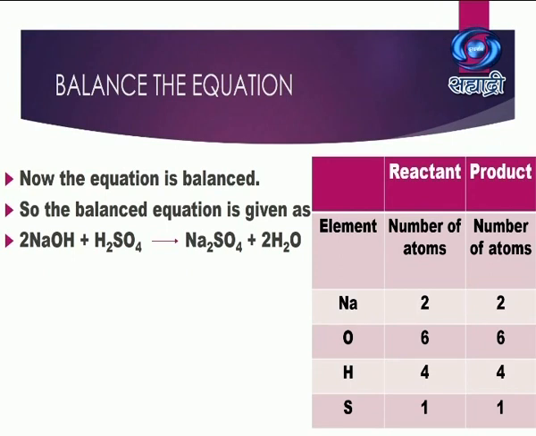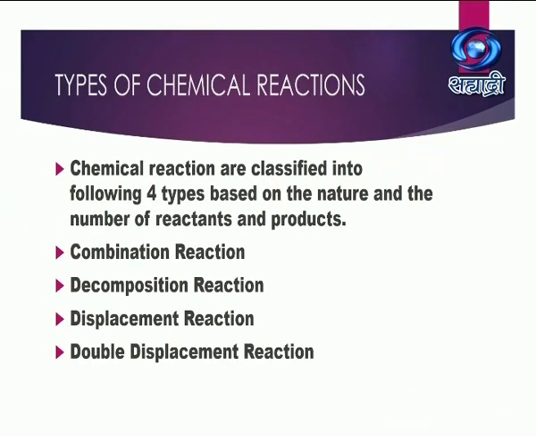Now if you compare all the reactants and products side for different atoms of elements, you will observe that sodium, oxygen, hydrogen, sulfur, all are getting perfectly balanced. So this is how you can balance a chemical equation. Now coming towards the different types of chemical reactions.